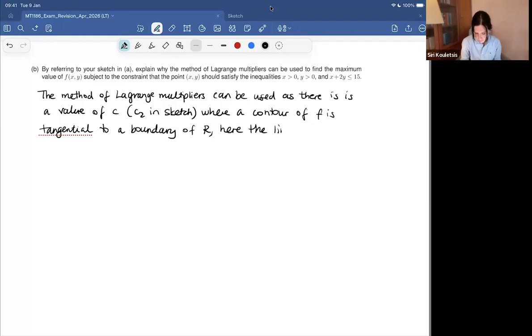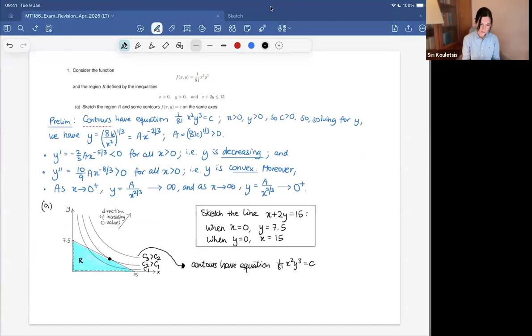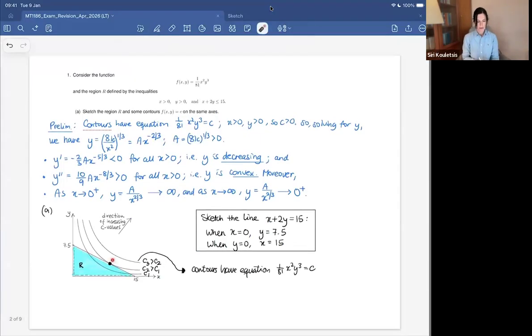The line with equation x plus 2y equals 15. And just going back to the sketch, as we can see here. The Lagrange multiplier method can only be used for an equality constraint. So now we have this inequality constraint that we have reduced to an equality constraint, because we know that the maximum occurs here on the line x plus 2y equals 15.